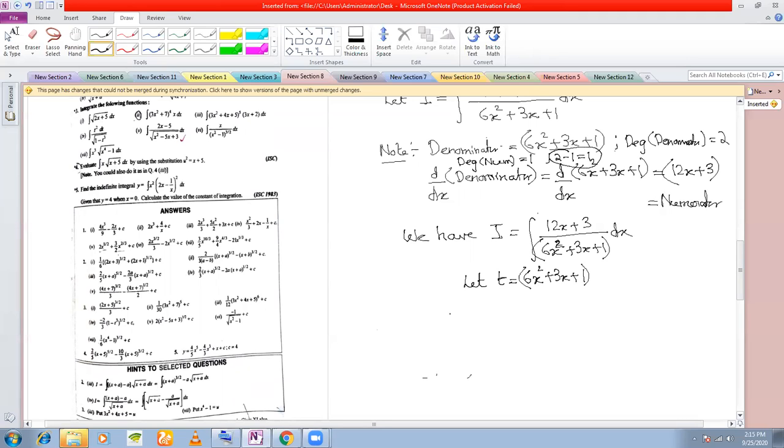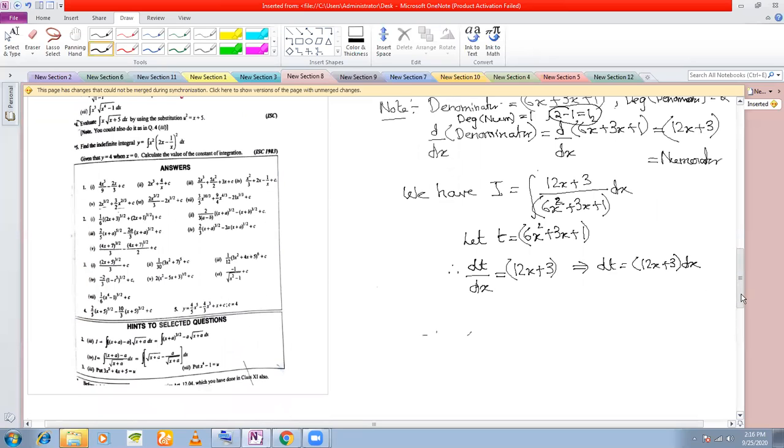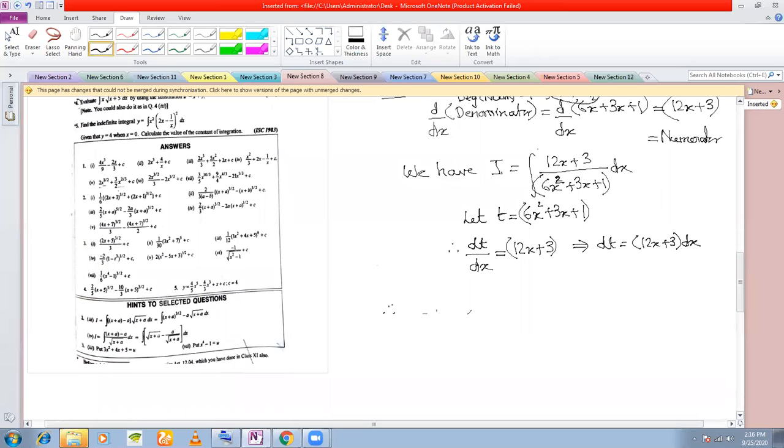Then you differentiate that. That means you find dt dx. T is a function of x. You find dt dx, and you will get 12x plus 3, right? That means you get dt is equal to 12x plus 3 dx. Coming back to I.